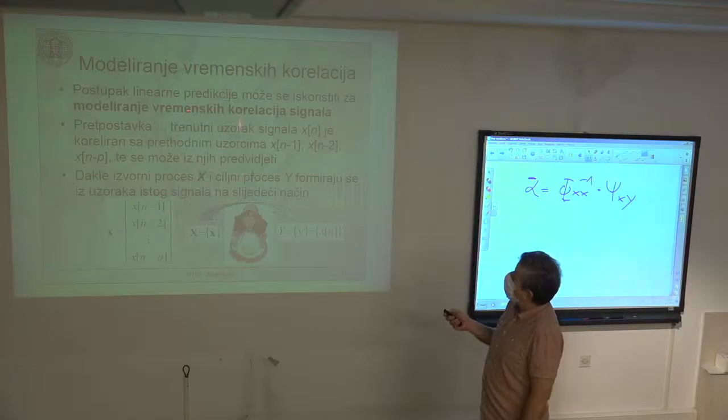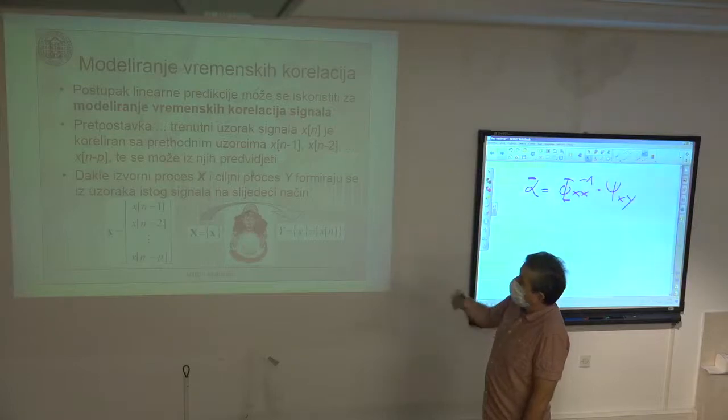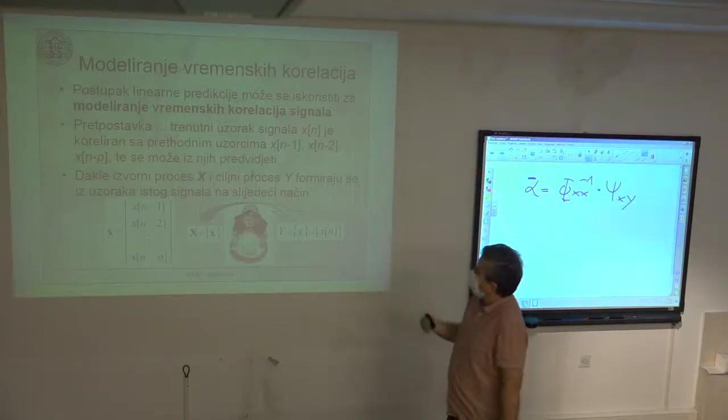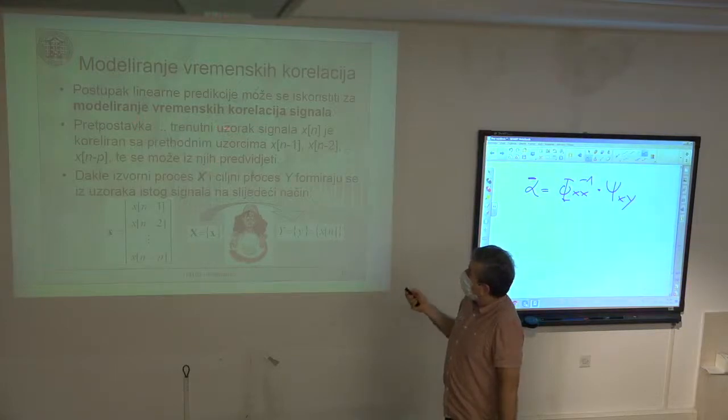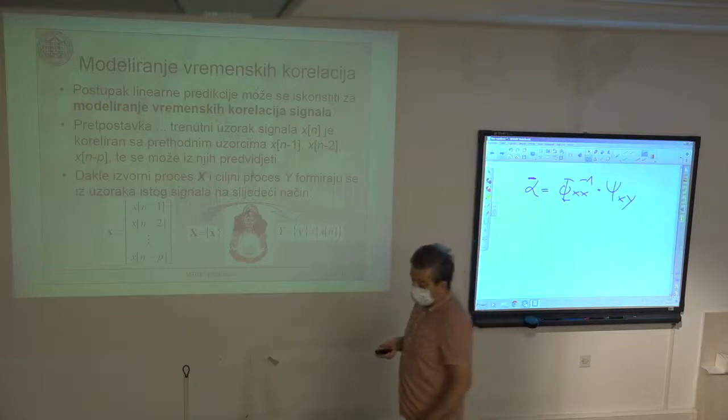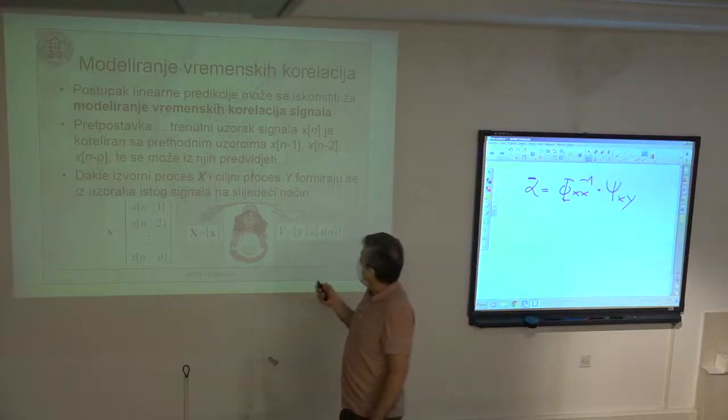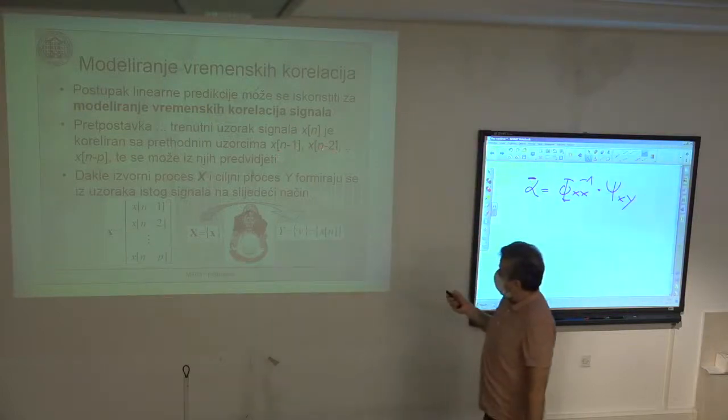So the assumption is I want to model the time correlation of the signal, so the correlation between individual samples of the signal, and I assume that the current signal sample, x of n, is correlated with the preceding samples, n minus 1, n minus 2, up to n minus p.